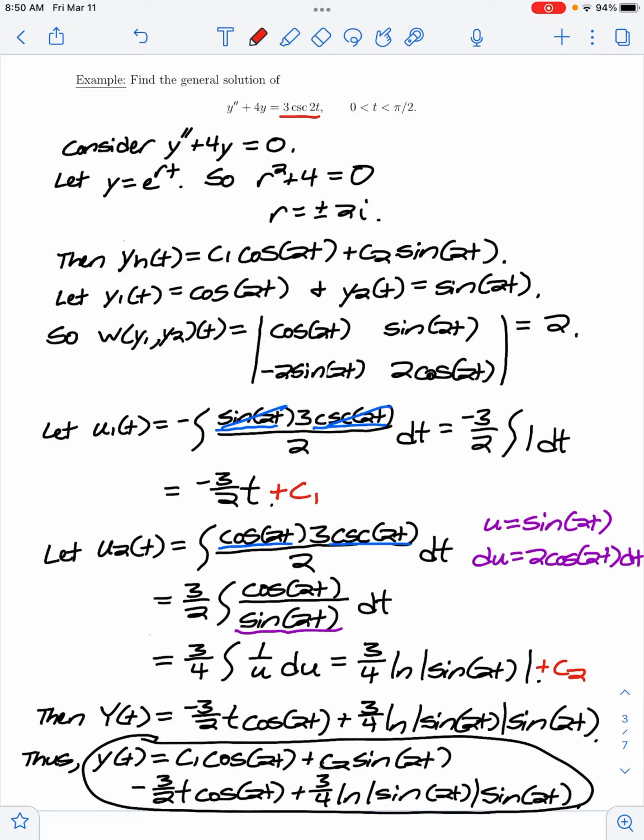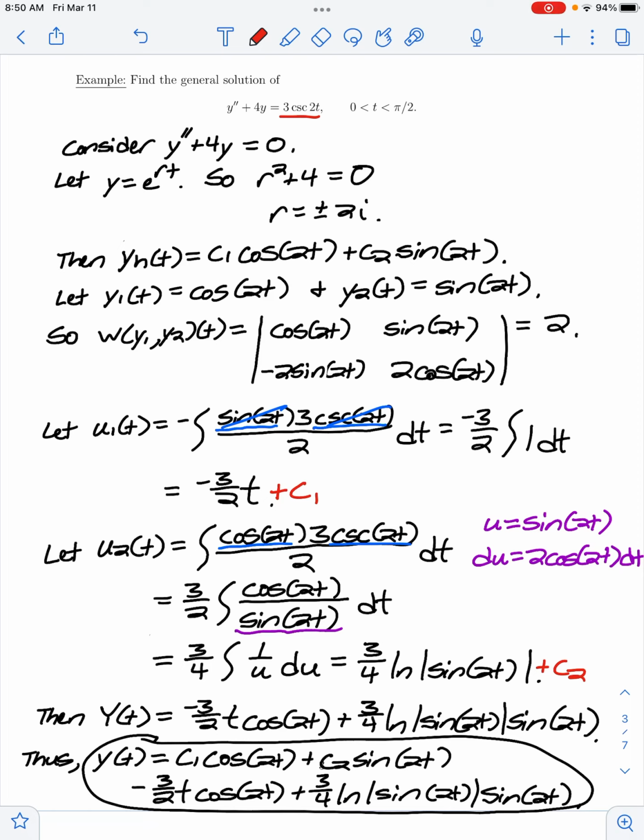Now, if you include a constant of integration for u1 and u2, and write out your particular solution with those constants, you'll see that when you take u1 times y1, you'll end up with a c1 times y1 factor.